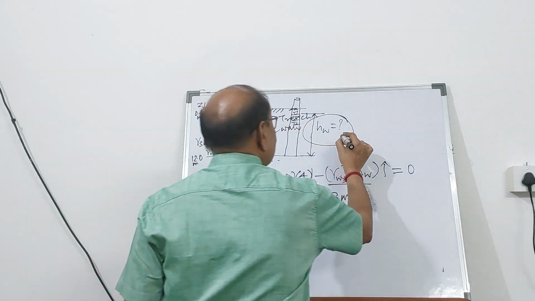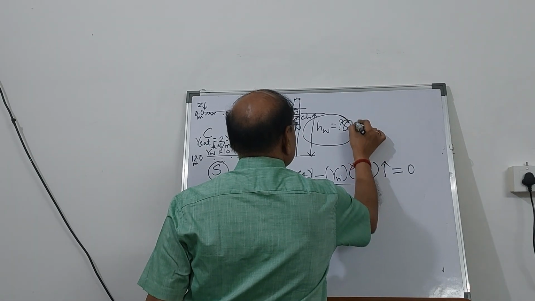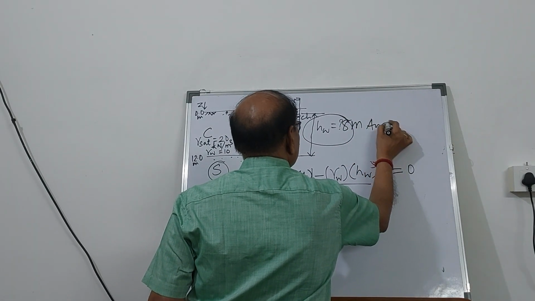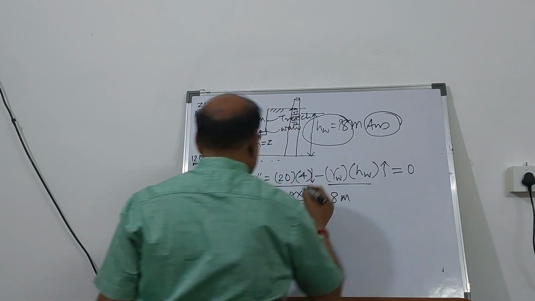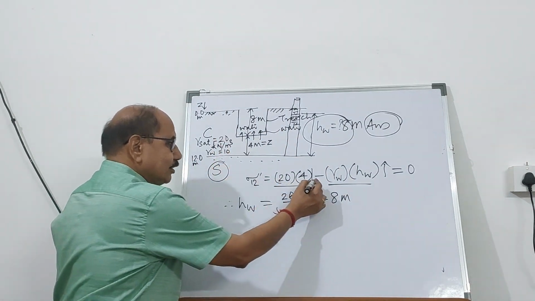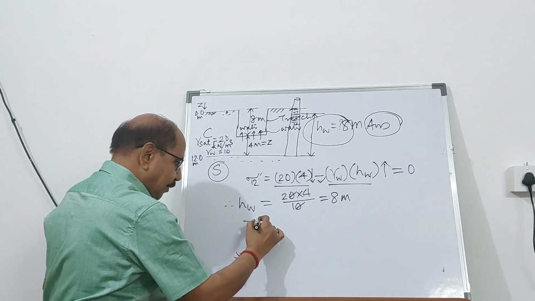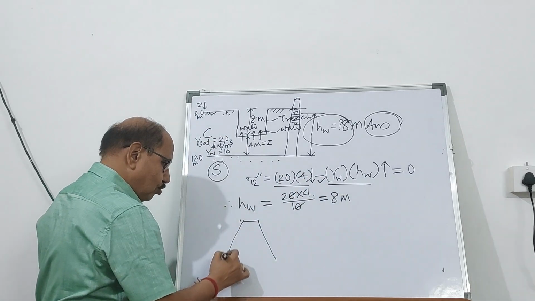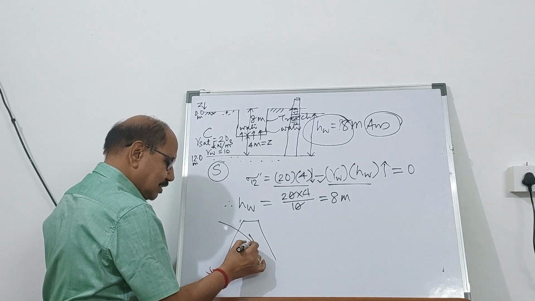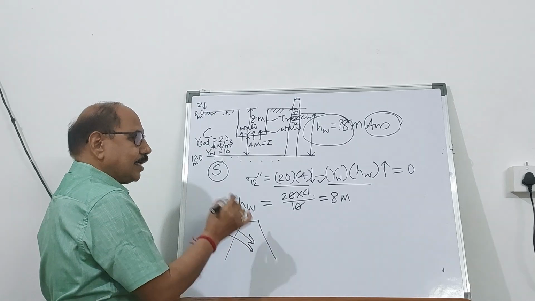So the head of water is 8 meter. So the seepage pressure when it is in the upward direction must take the negative sign, but if the water is seeping in the downward direction, then it should be taken as positive.